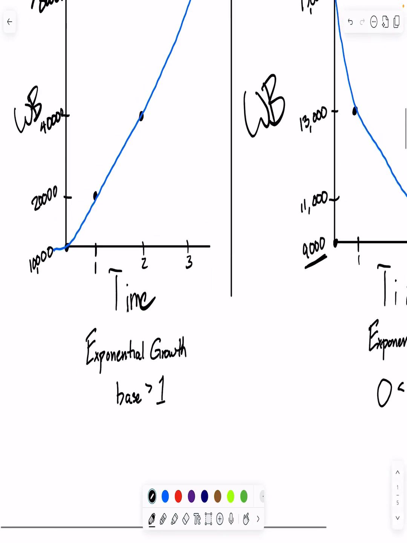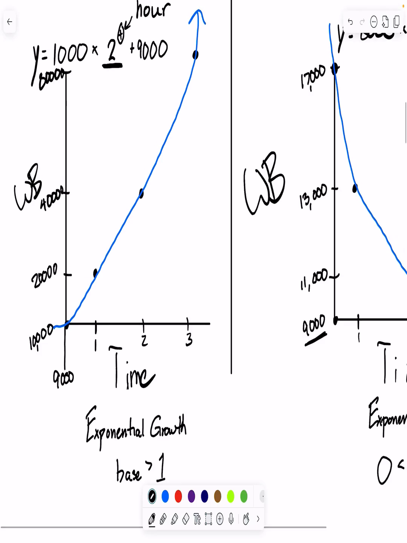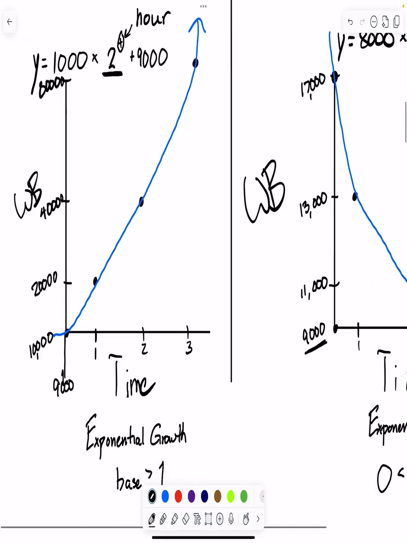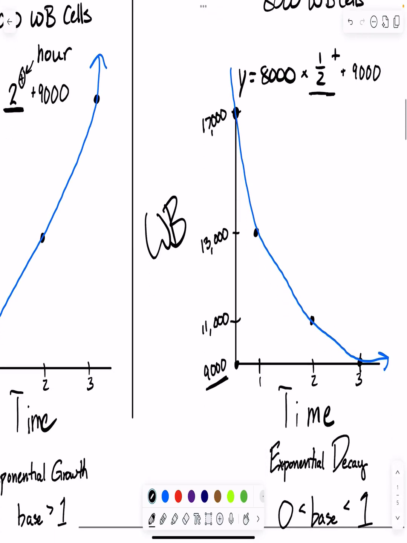And for this, 9,000 is somewhere down here. And this would be our starting position. Right, so this one, we're starting from 10,000 and we're increasing. And for this one, we're slowly approaching 9,000.